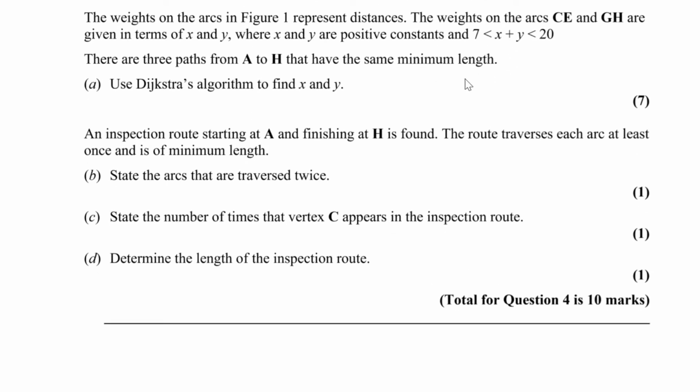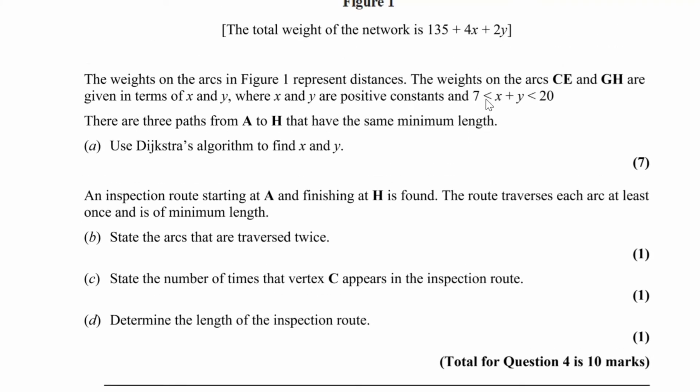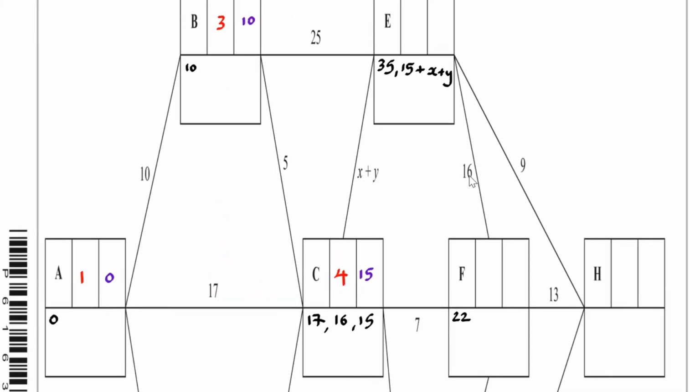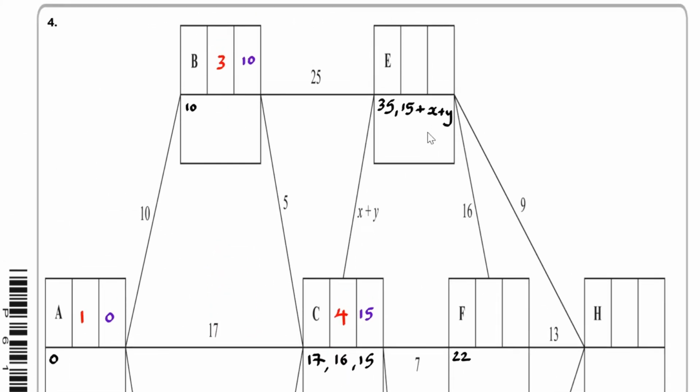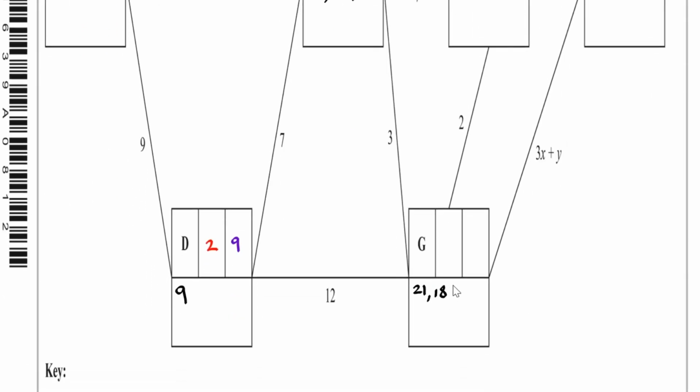So if we take integer values, then the minimum value of x plus y is 8. So 15 plus 8, that's 23. And if we compare that with the 22, the 18 is the smallest, so we carry the 18 into here and we assign G with the number 5.